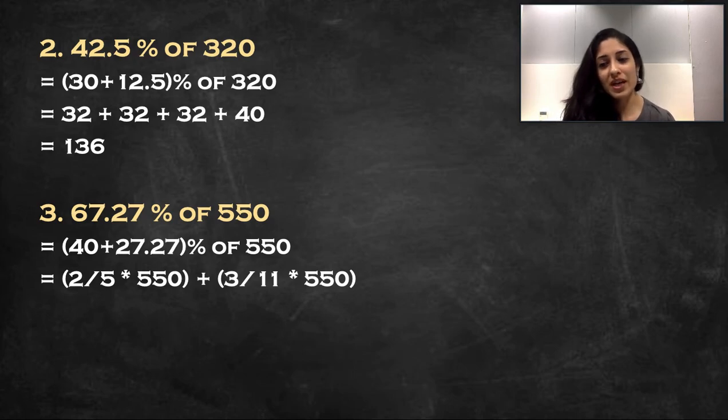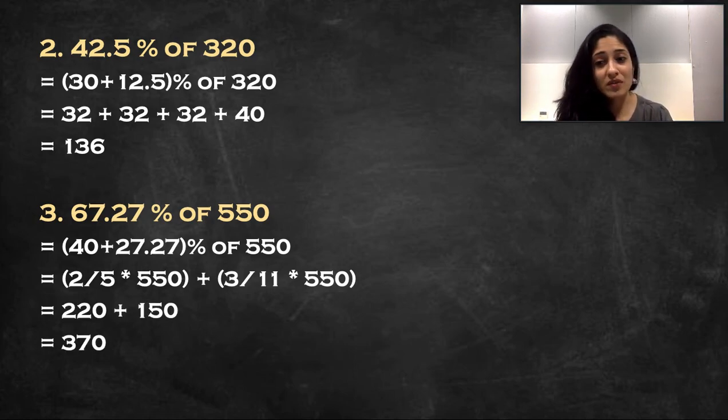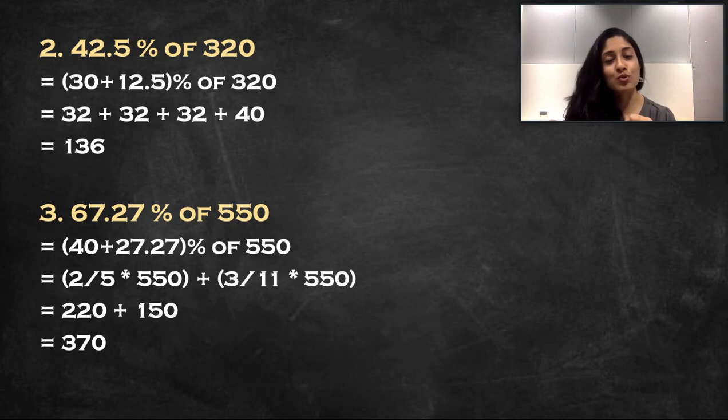So if I move ahead with this, 2/5 of 550 plus 3/11th of 550 is going to give you 220 plus 150, which gives you your answer as 370. So I really hope you could understand the application and the use of these fractions in such calculations.